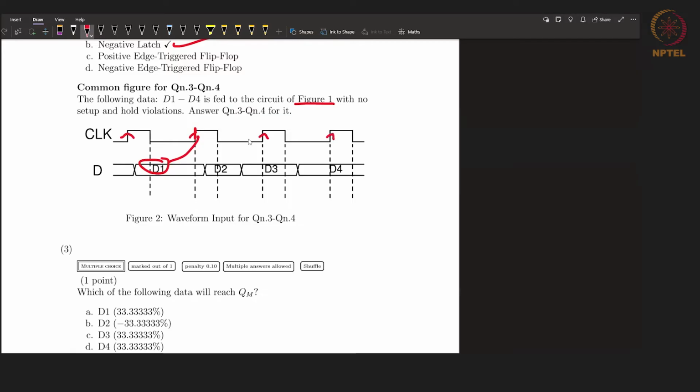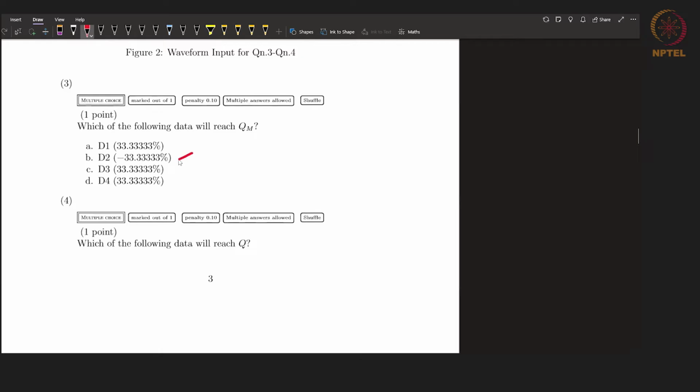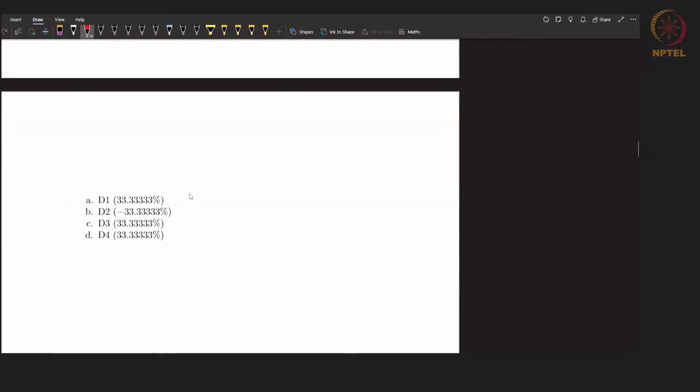Whichever signal is ready before the positive edge, those signals will reach QM, right? So D1, D3, D4 all are ready, but D2 occurs after the positive edge, and it also changes before the next edge comes. Therefore, D2 will not be ready. Similarly, whatever passes through this will pass till the end, right?